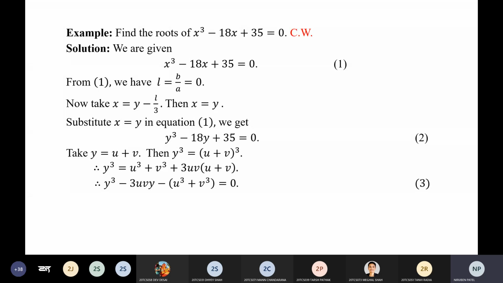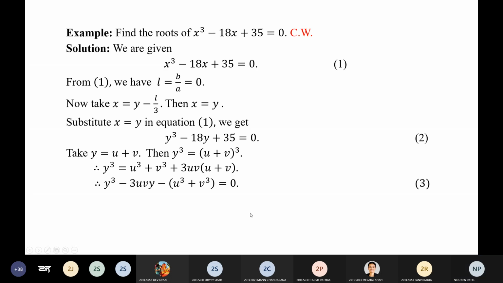And u cube plus v cube will be minus 35, right? Beta, is it clear over all these steps from this slide? Yes. Shall I go to the next?